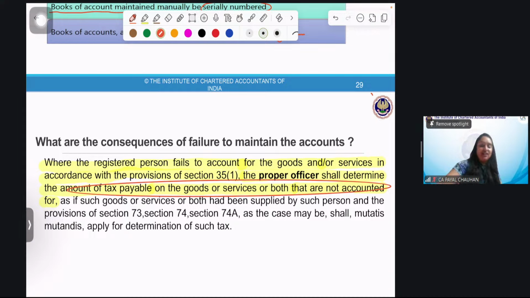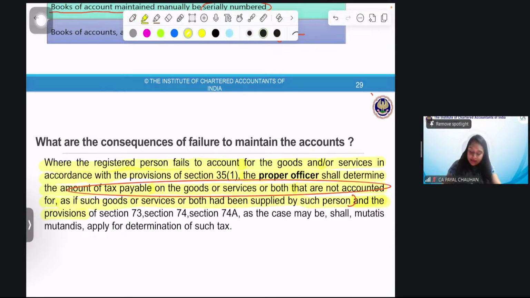Yes, yes. Now we'll go. Very good. You people can reconcile things. Where the registered person fails to account for the goods and or services in accordance with the provision of section 35(1), the proper officer shall determine the amount of tax payable on the goods or services or both that are not accounted for, and if such goods or services have been supplied by such person, we'll take it as though this is a supply and the tax will be applicable, determined by the proper officer.